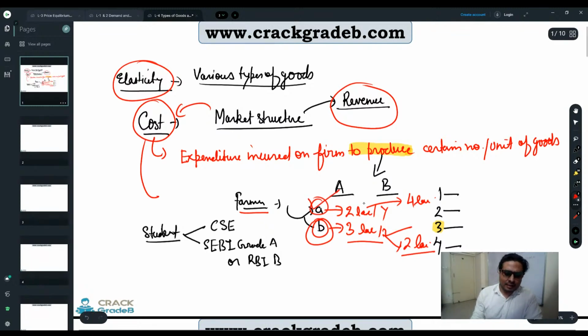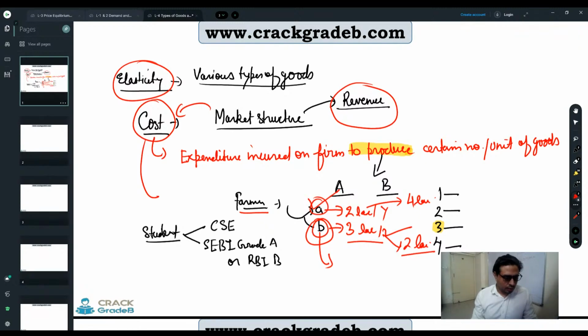Whereas the other farmer is not applying all these calculations. He thought that if I produce A, I'll get 2 lakhs, and if I produce B, I will get 3 lakhs. So it is better to go for B rather than thinking about A. So everyone, before taking a decision, makes calculations, and as per his understanding, he goes for the most profitable decision.